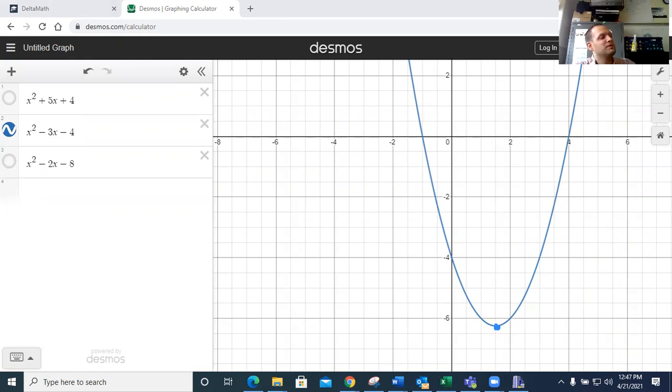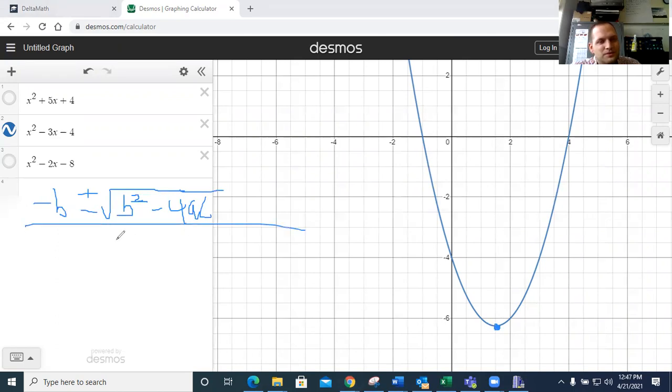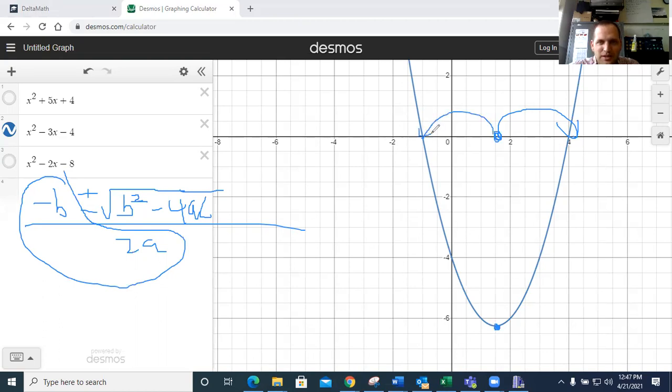So I'm going to take the quadratic formula, opposite b, plus or minus the square root of b squared minus 4ac, all over 2a. Now remember that this negative b over 2a part tells me right in the middle.